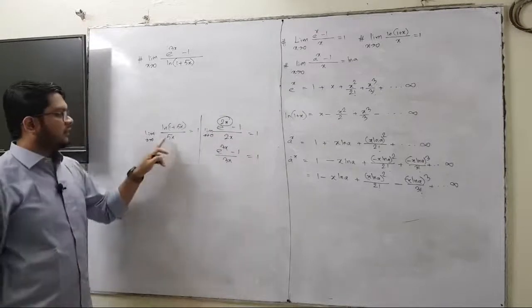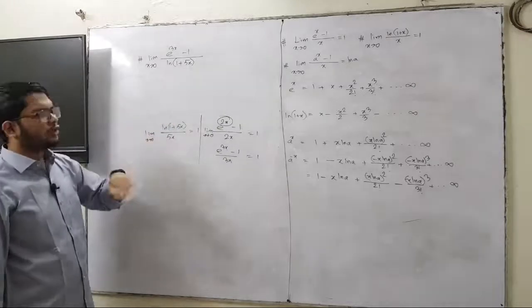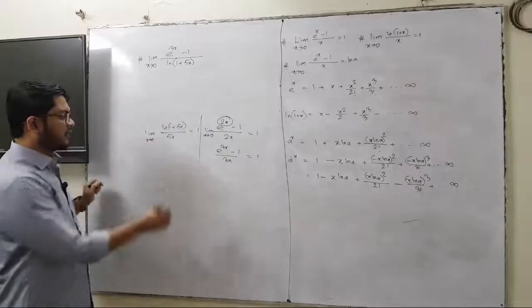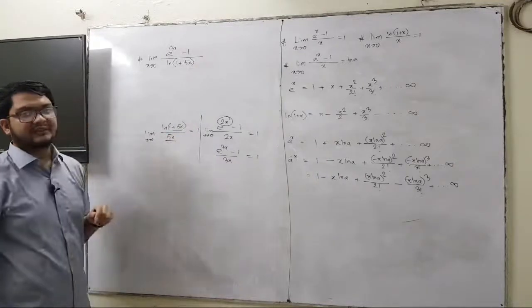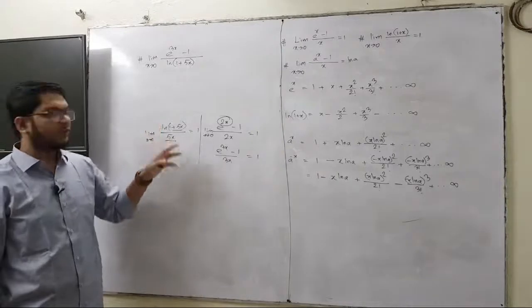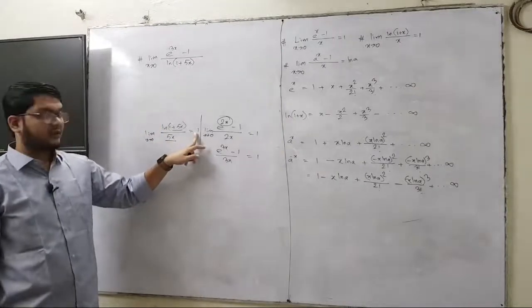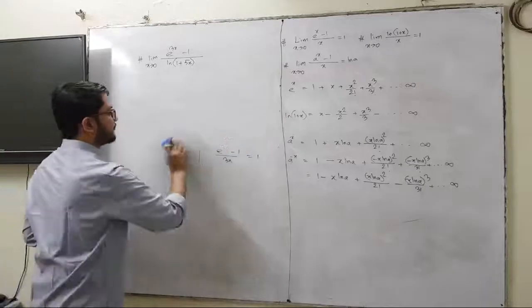Whatever value you have after 1 plus, it could be plus, it could be minus. So you have a plus 5x, you should have a plus 5x in the denominator as well, so that these terms cancel out and you will have only 1. So we will apply this shortcut here.